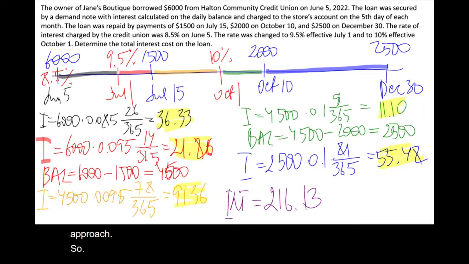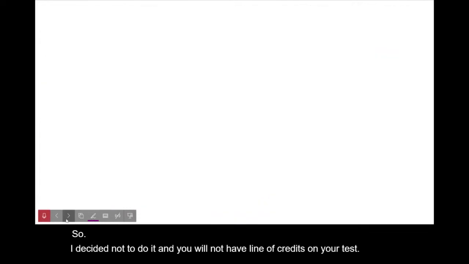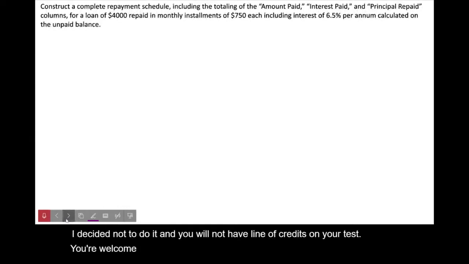So I decided not to do it, and you will not have lines of credit on your test. Thank you so much, Sue. You're welcome. But the schedule you will have.